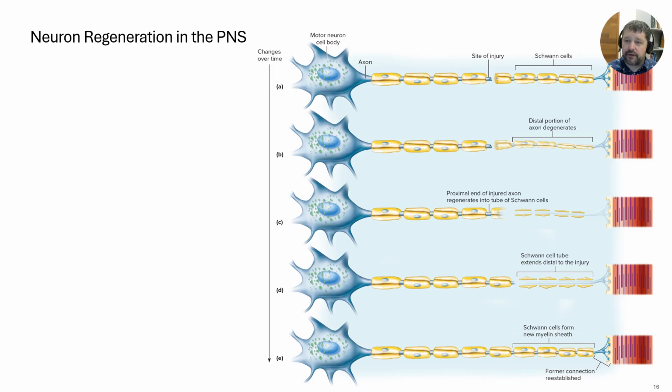That's where you're going to have the axon terminate at the end there. It can reconnect it. If it doesn't reconnect it, then the cell itself will die and you'll lose motor control in that region. But if it does reconnect it, that axon will move through the Schwann cells. The Schwann cells will start growing again, even lay down new myelin sheath, okay, and you'll have that former connection reconnected. Okay, we'll stop there.